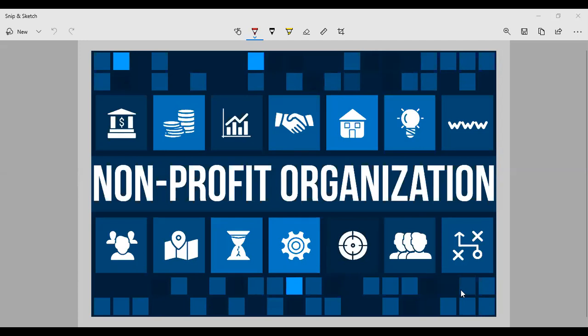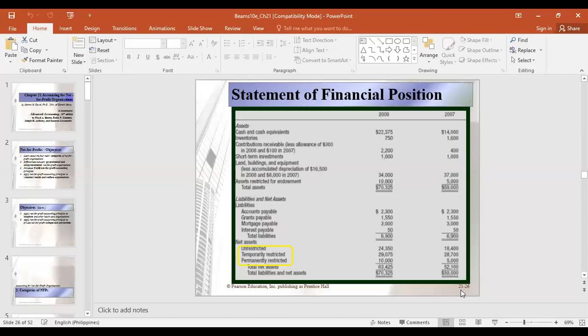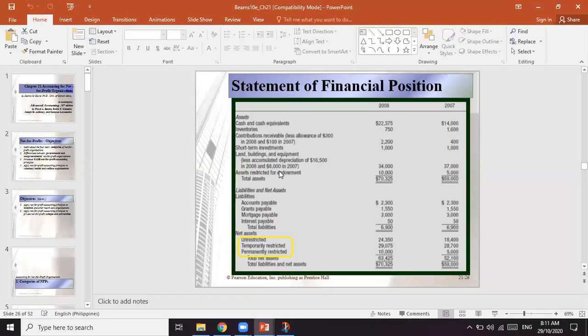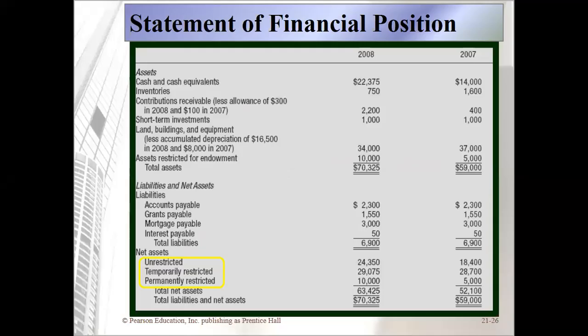Hopefully the financial statements will be visible on your end. All right, so here is the statement of financial position. And you can notice the components. This is a comparative presentation actually because we have 2 years.